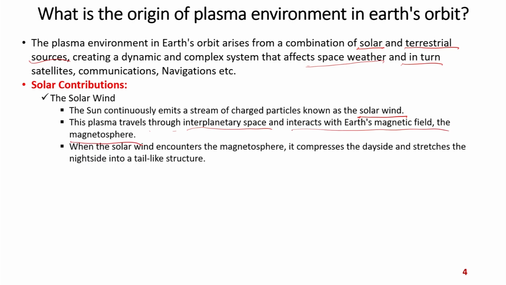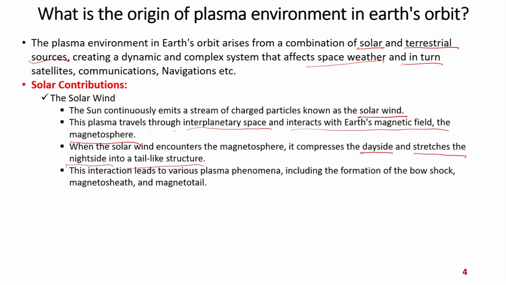When the solar wind encounters the magnetosphere, it compresses the day side and stretches the night side into a tail-like structure. This interaction, of the solar wind or a solar storm, leads to various plasma phenomena, including the formation of the bow shock, the magnetosheath and the magnetotail.